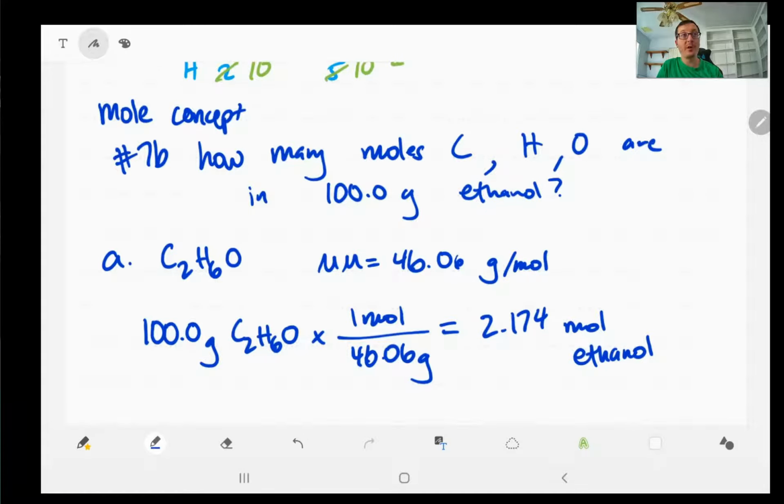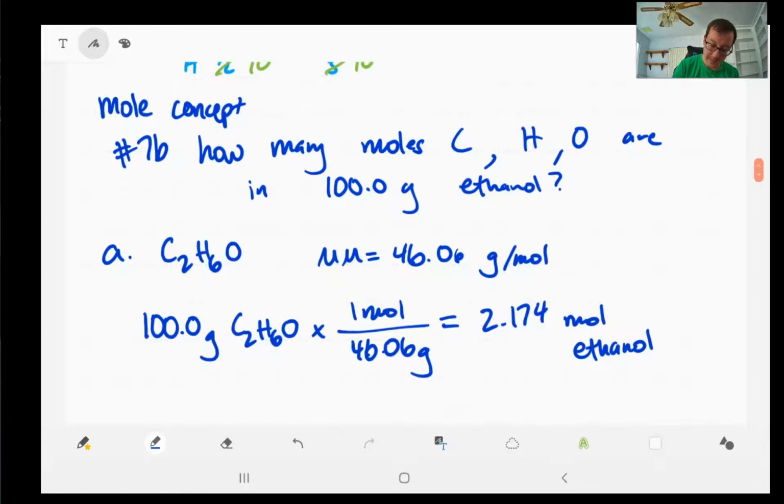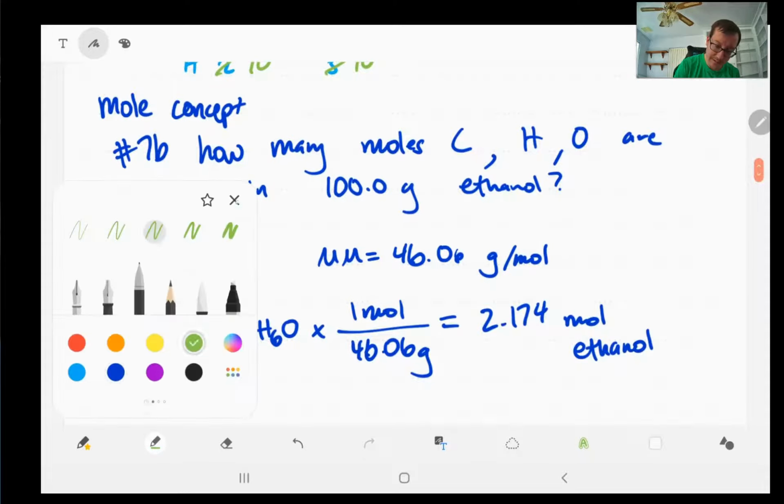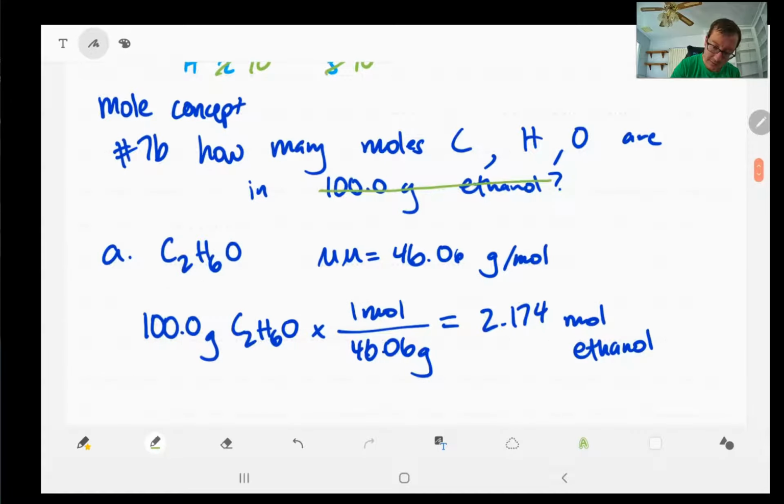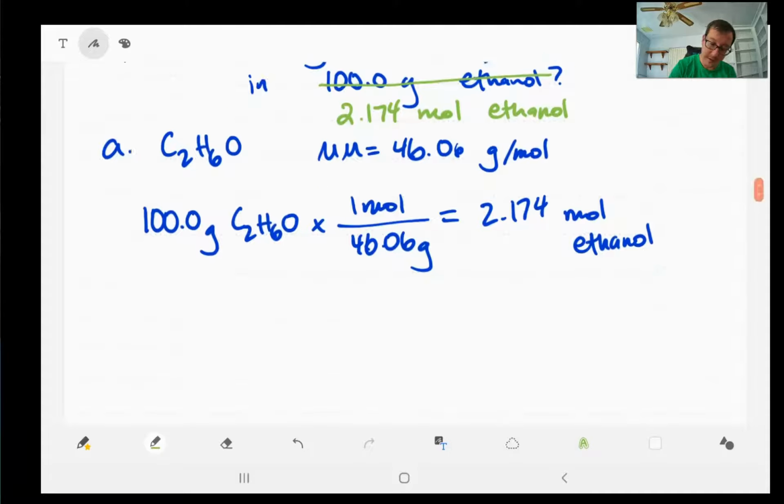In order to do part B, it's a little bit easier if we already have done part A. Once we know how many moles of ethanol we have, let's rewrite this question. Instead of saying 100 grams of ethanol, let's say we have now 2.174 moles of ethanol. And then it simply becomes a matter of looking at how many of each atom we have in ethanol in general.